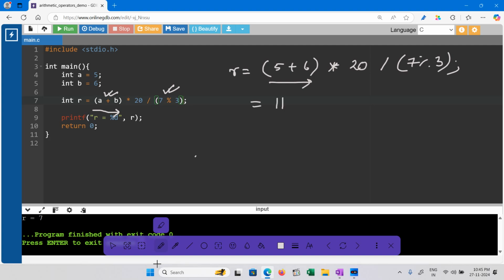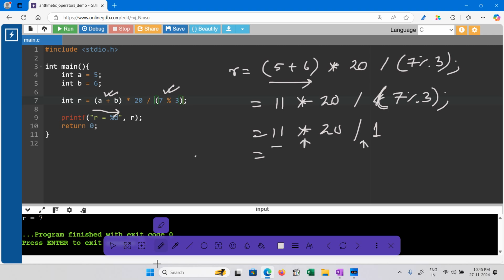Now 7 modulus 3, we need only the remainder, so the remainder will be 1. Now there are two operators remaining, multiplication and division, which have the same precedence, so we follow left to right. So 11 multiplied by 20, the answer will be 220, and divided by 1; any number divided by 1, the answer will be the same number.